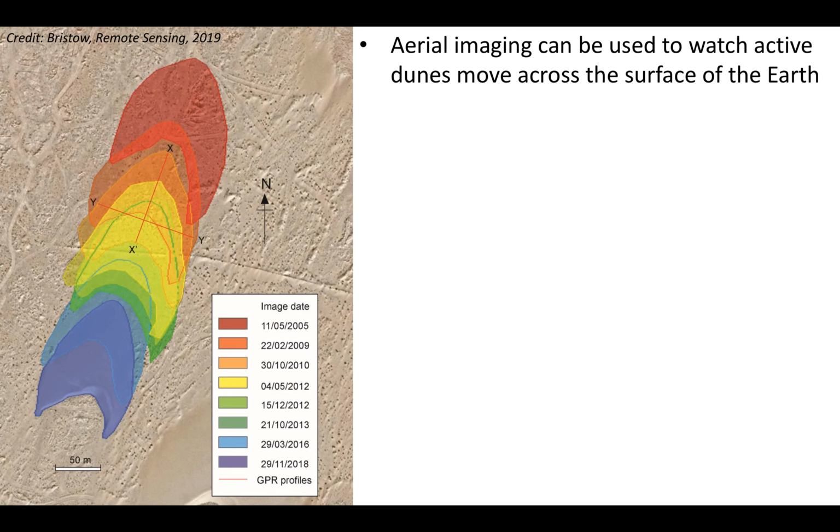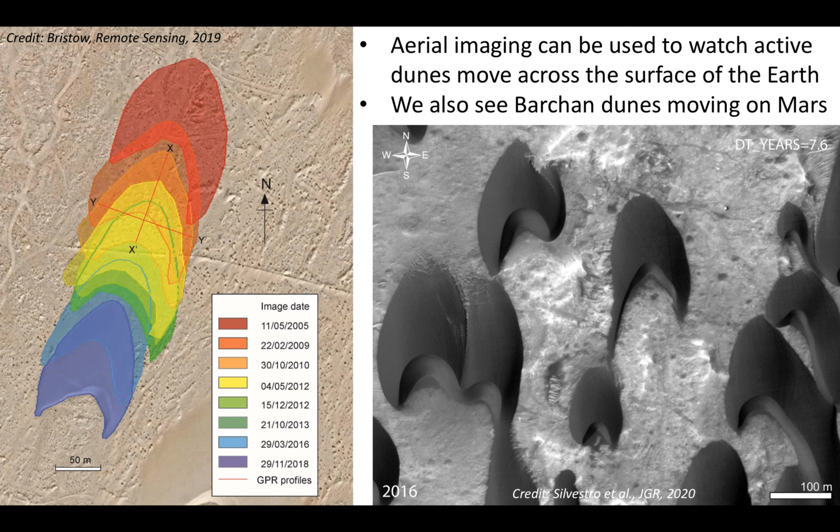You can see that it started off where there's the dark red, and then it moved down to the south-southwest over the course of the years, and the final position is in that bluish purple. That's really cool. If you were standing there on the surface watching it, you really wouldn't be able to see it move, but over the course of time, you can see that move.